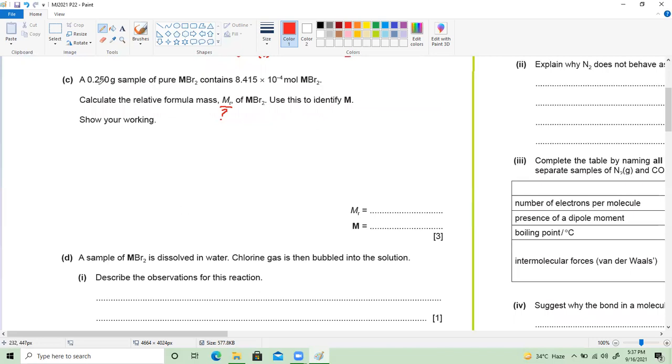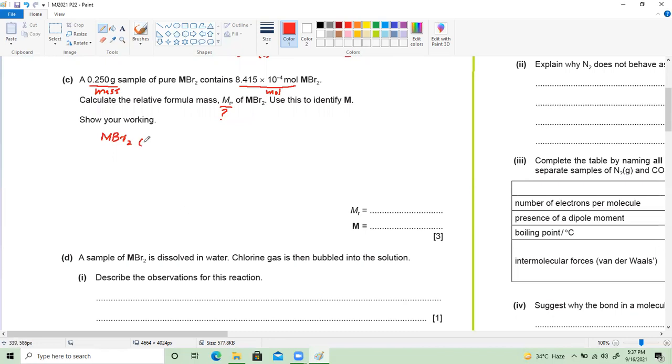The quantities given to us are the mass and the moles of MBr2. So we can calculate from this. We can do that using the formula, or using the ratio method. We usually prefer the ratio method in AS and A2.